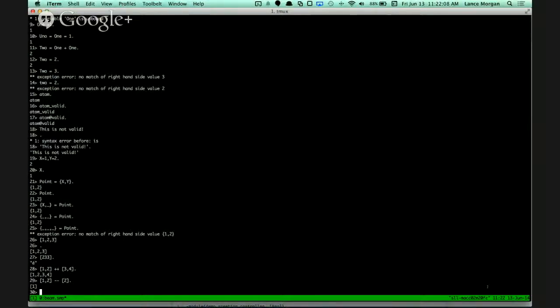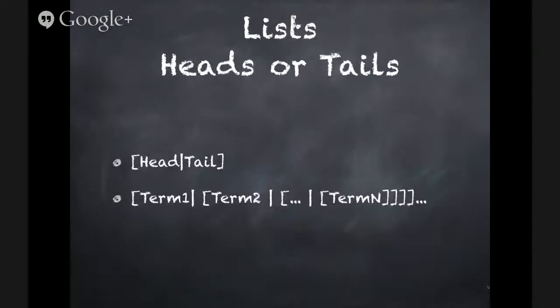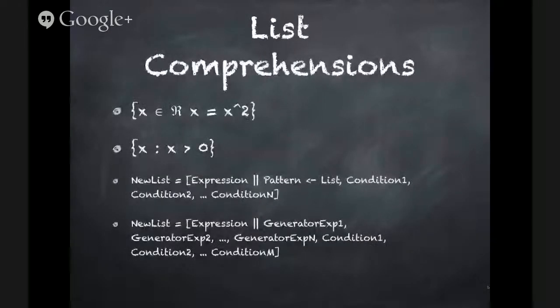But there's also a thing called list comprehensions. So it comes from set notation. That's the first bullet point. Second bullet point is set notation simplified a little bit, but it allows us basically to pass in patterns and conditions and create new lists based on that.